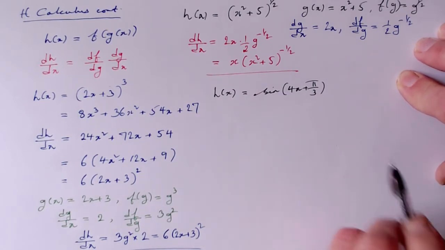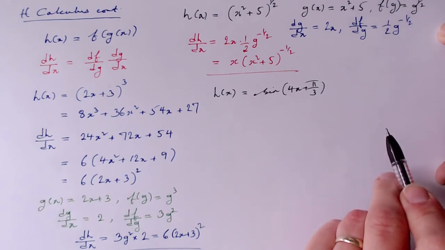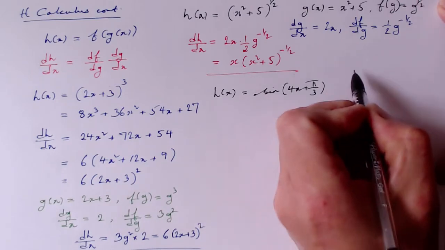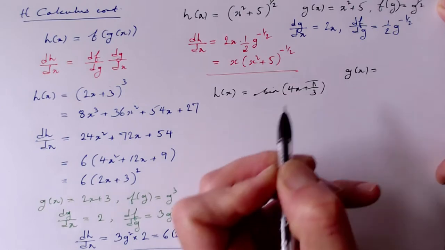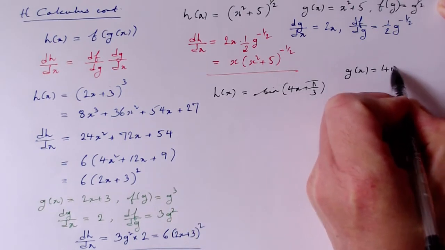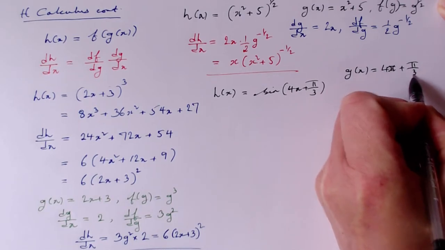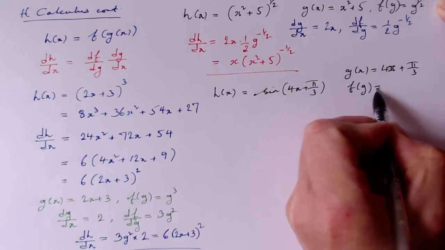Okay, notice I'm using radians here just as a natural unit of angle. Now the inner function is just 4x plus pi over 3, and the outer function is just the sine function.